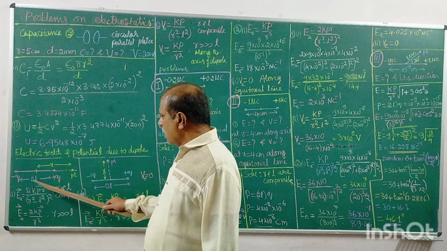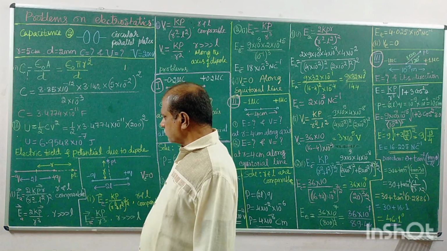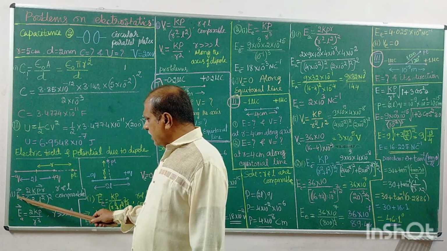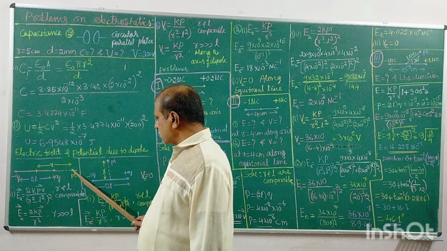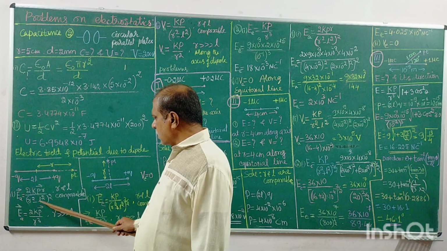What is l square? That is half of this length, whole square. This is EA, the electric field along the axis, at any point along the axis. So that is R and L.